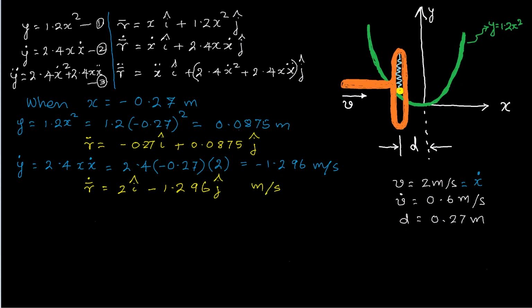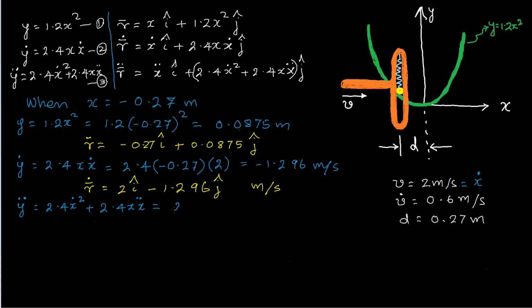Now going back to the acceleration, we can again use equation 3 and write that y double dot, the acceleration in the y direction, the vertical direction, is equal to 2.4 x dot squared plus 2.4 x double dot.